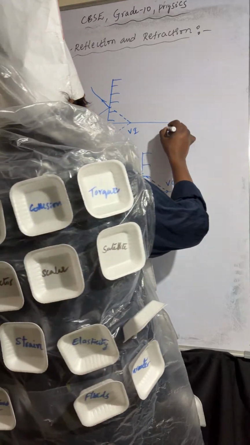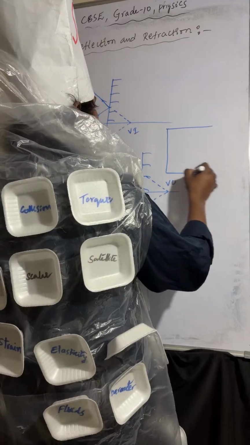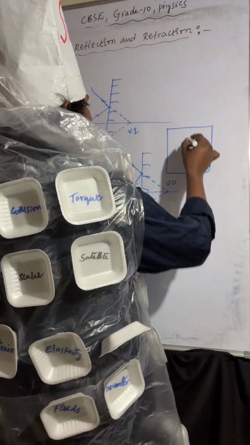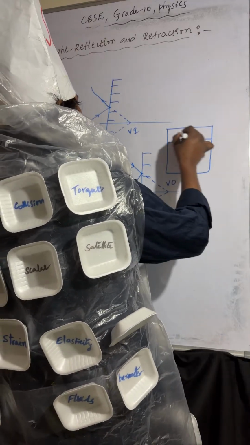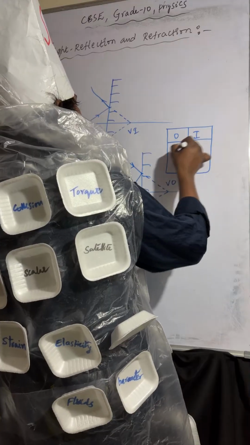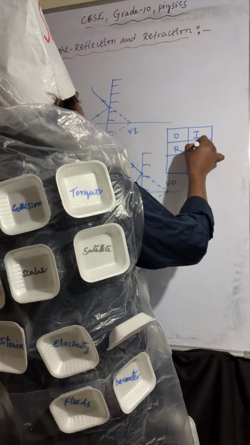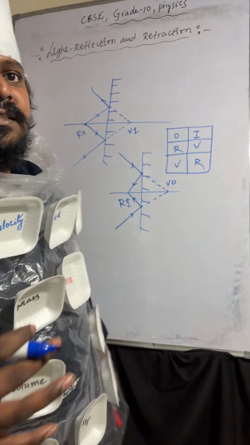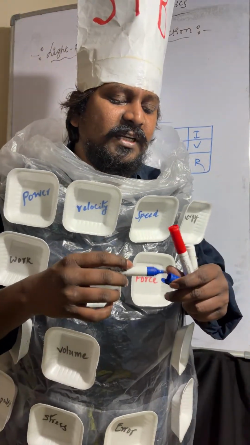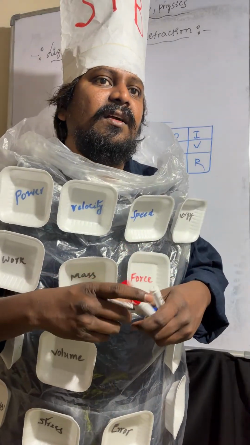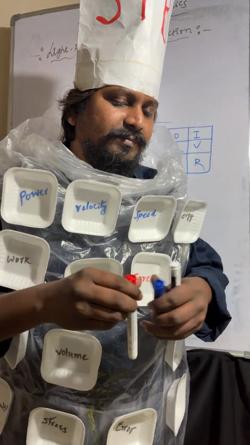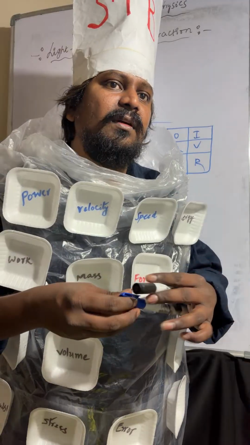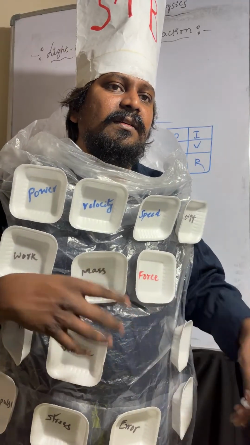From this we can understand: if the object is real, the image is virtual; if the object is virtual, the image is real.